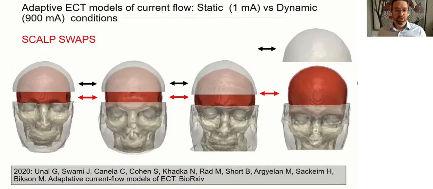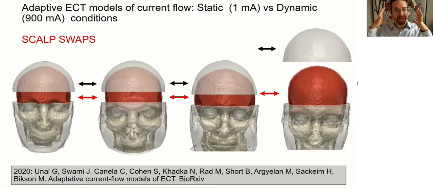Okay, so we then did something to try to understand why these models were behaving the way they were behaving. What we're able to do in computer simulations is take a head with all the anatomy, and we can rip the skin off one head and put it on another head. And we actually can do this with both the superficial skin and the deep skin.